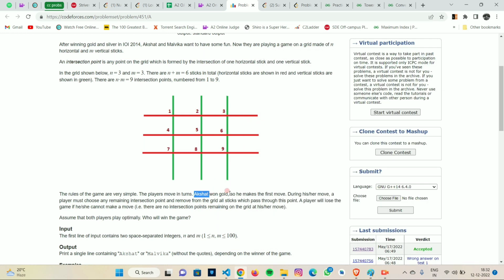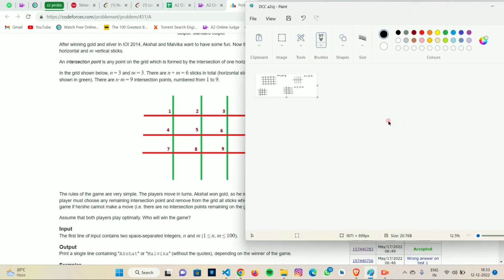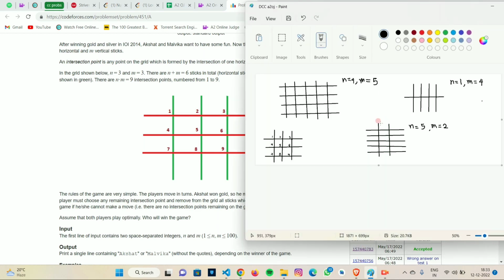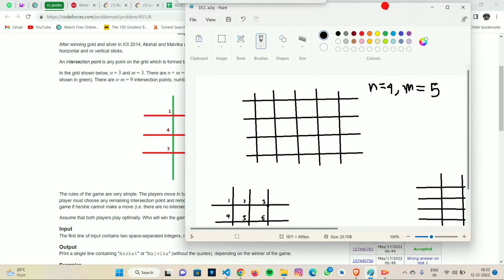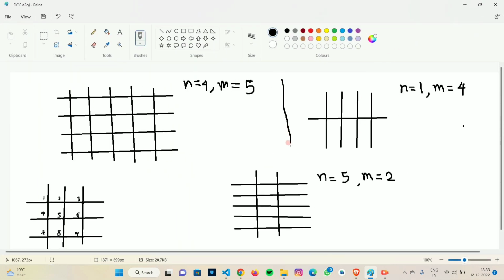It is given that Akshat makes the first move. Now let us look at a few examples. Look at this example first. In this example, the number of horizontal sticks is 1 and the number of vertical sticks is 4.